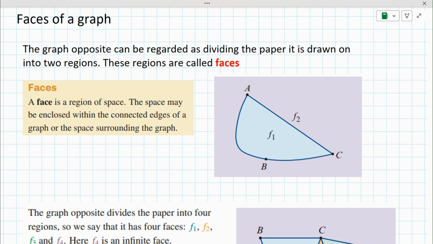The regions are called faces. A face is the space enclosed within connected edges, and the space surrounding the graph is also a face. On the right-hand side, we can say face 1 and face 2. Face 1 is inside your graph, and face 2 is the outside region as well.